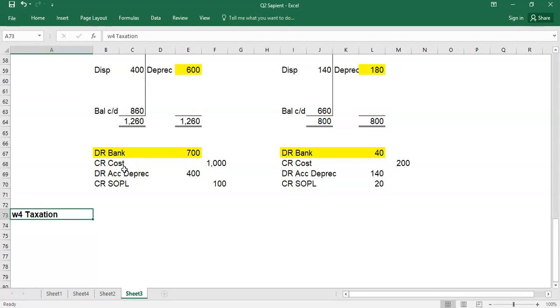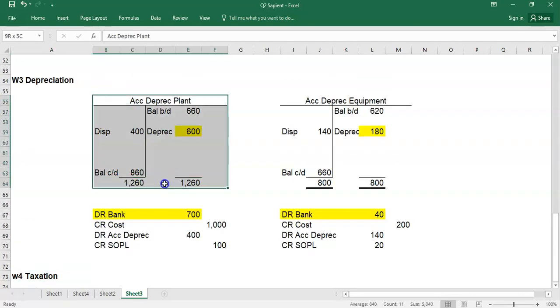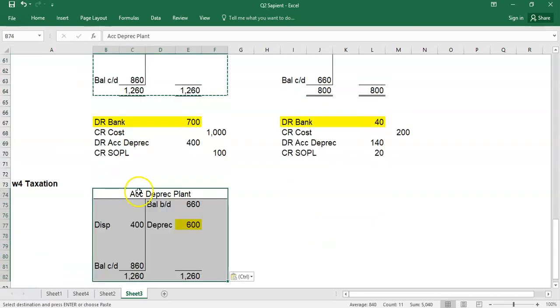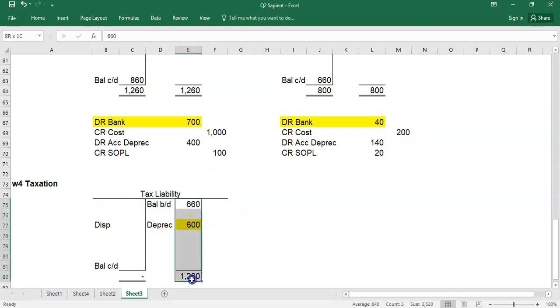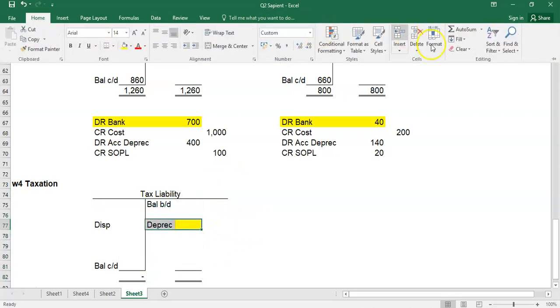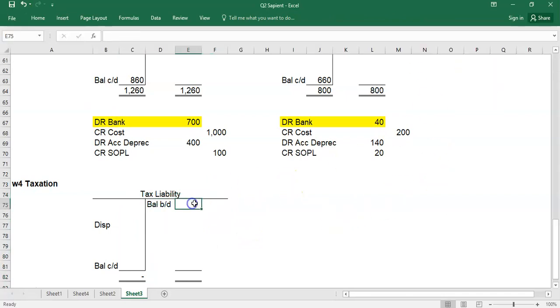In working for taxation, you'll take a T account like this, and you're going to say tax liability. So your opening balance for tax liability we said was 55. Your closing balance was 85.